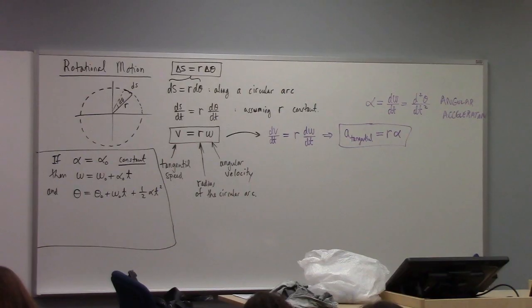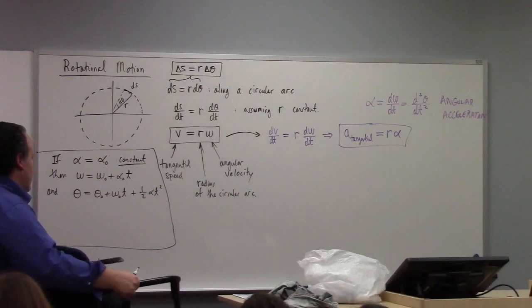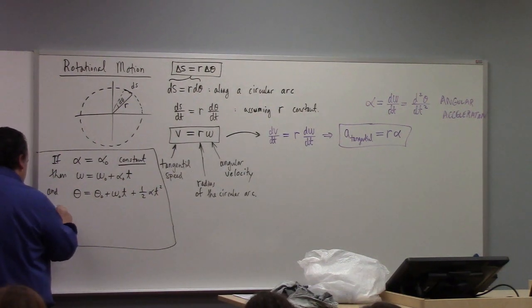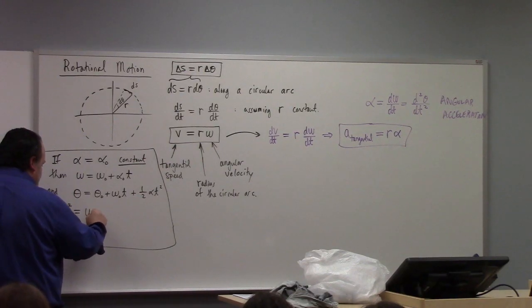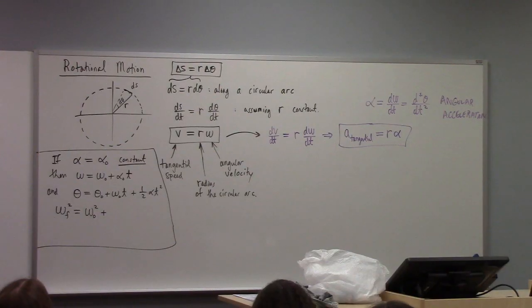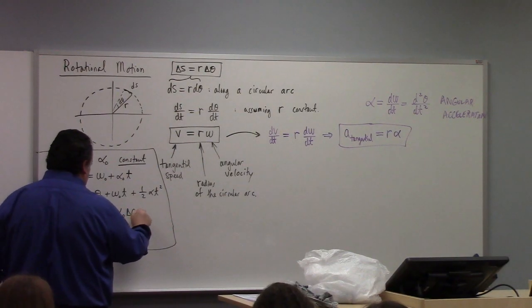What else do we know? Anything else going to be true in this wild world of rotational kinematics? How about this? Omega f squared, what should it be equal to? How about omega naught squared plus what? Two, yeah? 2 alpha naught change in theta.